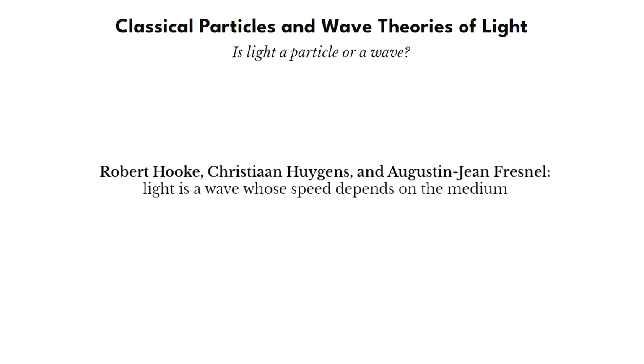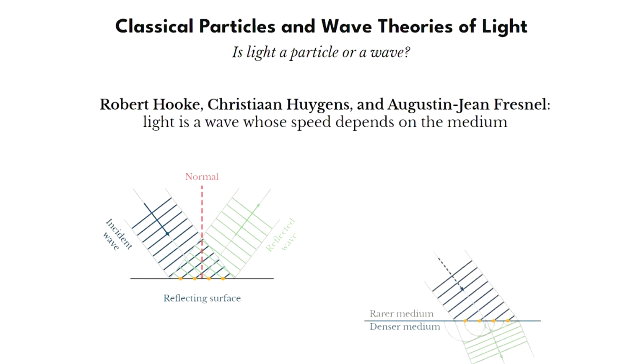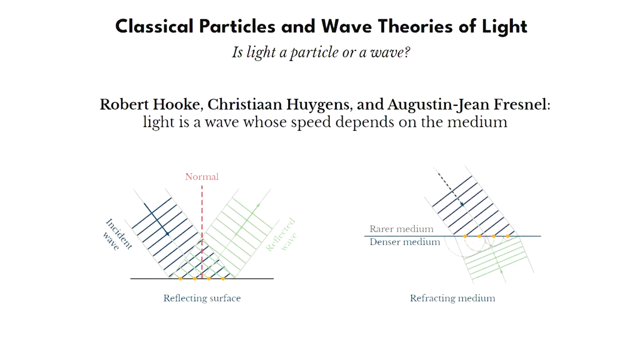Then Robert Hooke, Huygens and Fresnel came along and said light is actually a wave whose speed depends on the medium, and that they could explain reflection and refraction equally well.